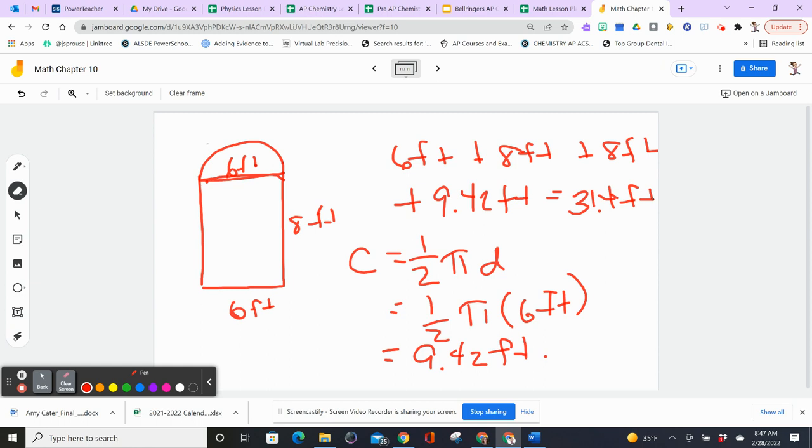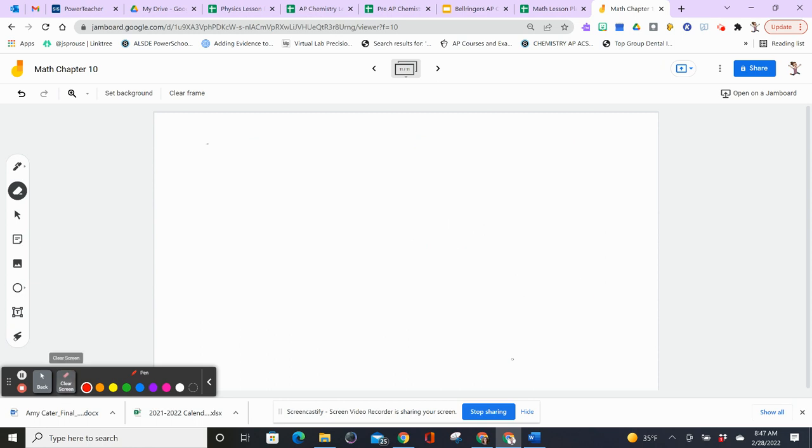All right. The last thing is to find the area of a circle. The area of a circle is how much space it takes up or covers. The formula for the area of a circle is pi times the radius squared.